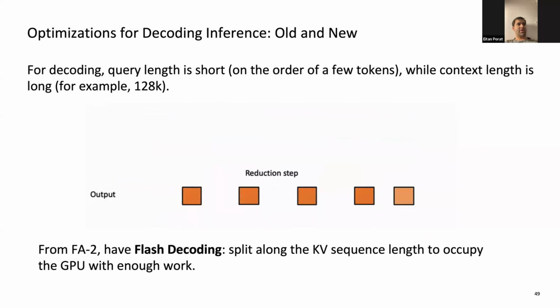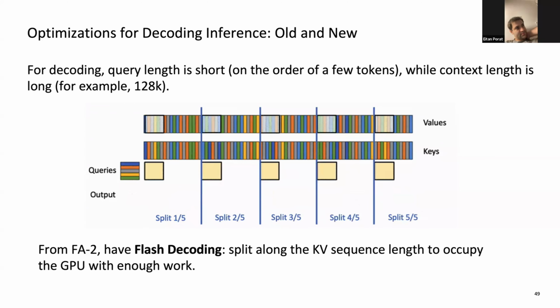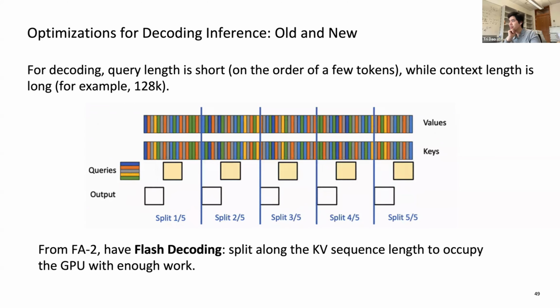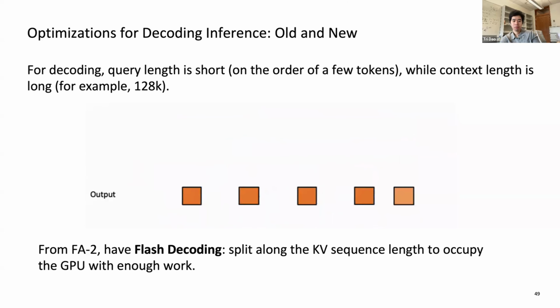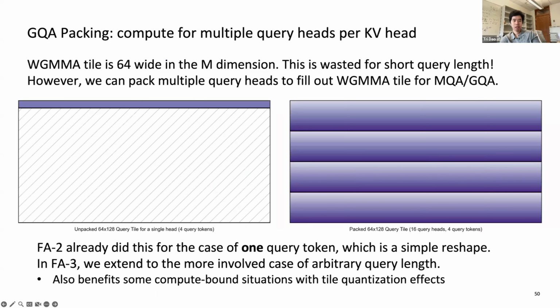Would it at that point become memory bound for sufficiently large context windows? Whether it's memory bound or not depends, for GQA packing, on how many query heads per KV head. It doesn't actually depend on the KV length. Because the longer the KV, the more memory you need to load, but also more flops you have to do, right?